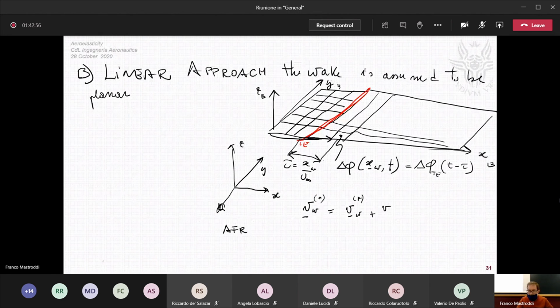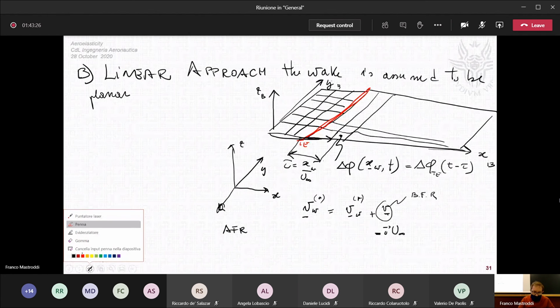Look, this is the velocity of the body frame of reference, and this velocity in this reference is minus i u infinite, because the aircraft is moving in this way.